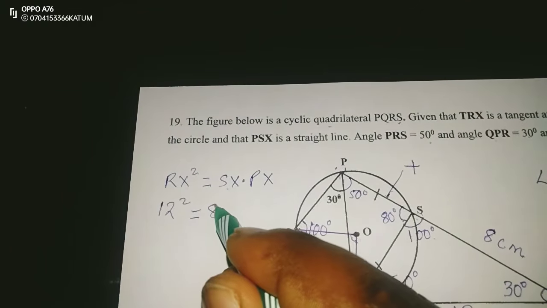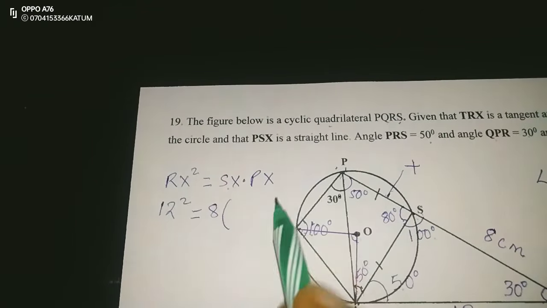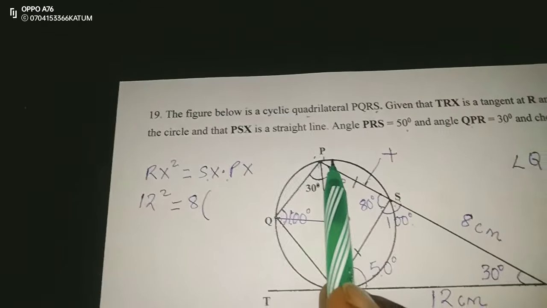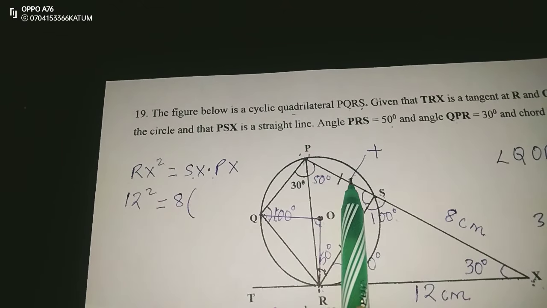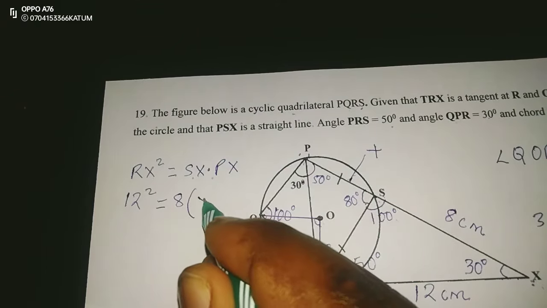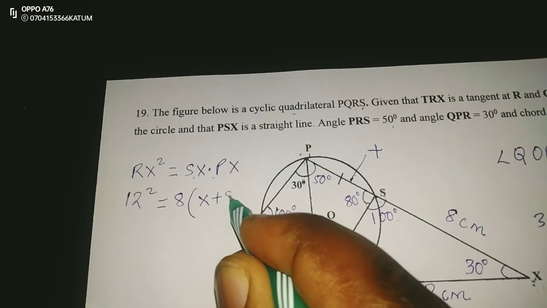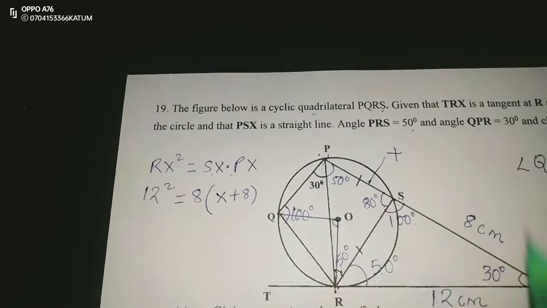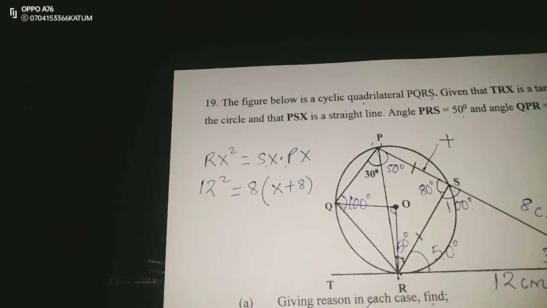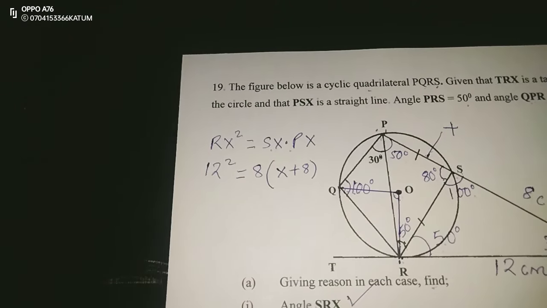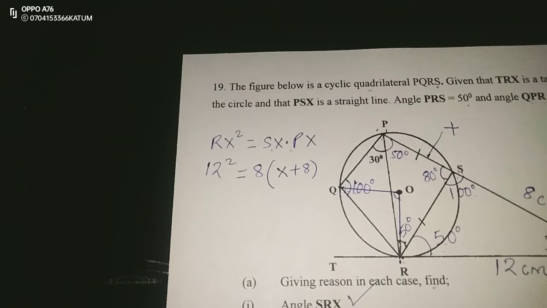So now it means RX squared, which is 12 squared, is equivalent to SX, which is 8, multiplied by PX. PX is the whole length, which means x plus 8. When we take 12 squared, that is 144.